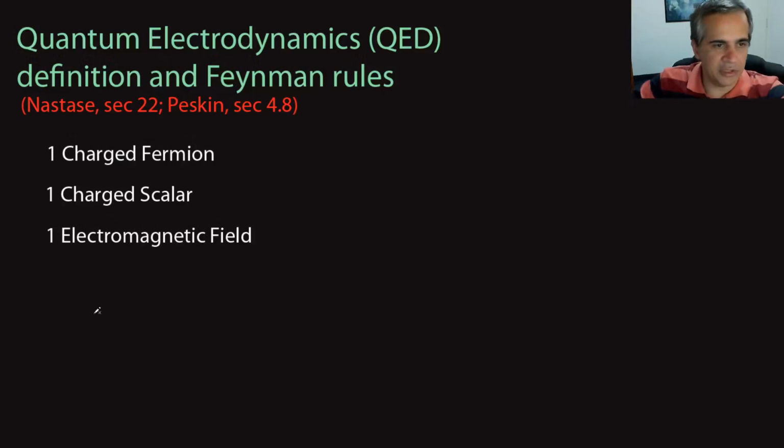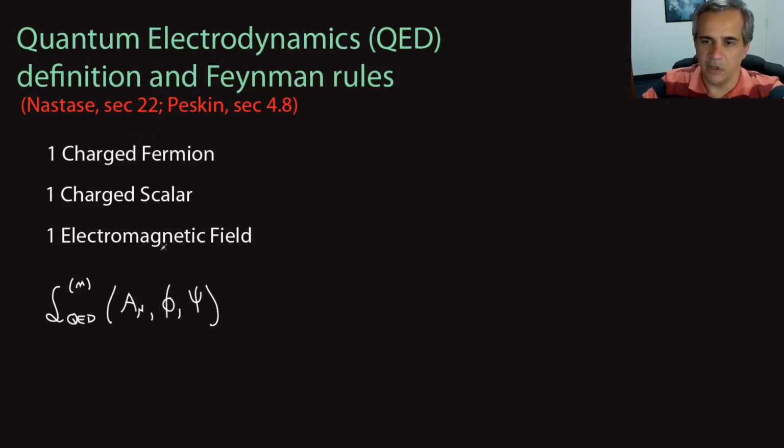The Lagrangian I'll write is this one. First in Minkowski space, right? So I'll call this the Lagrangian of quantum electrodynamics, in Minkowski, right? And this depends on the electromagnetic field, one scalar, one fermion, right? And remember, in order to have charge, this scalar needs to be a complex scalar.